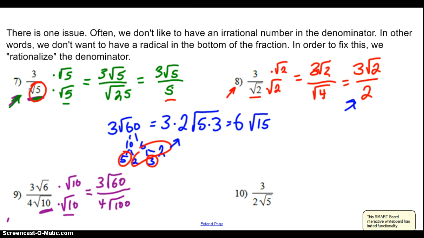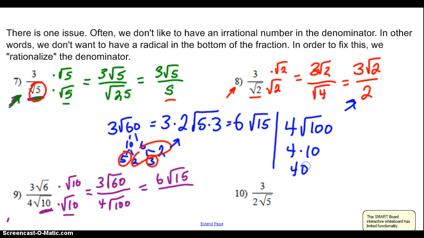So that means that our numerator is really 6 radical 15, right? And then the denominator, well, 4 square root 100, well, that's just 4 times 10, which is 40. So our denominator here is going to be 40.